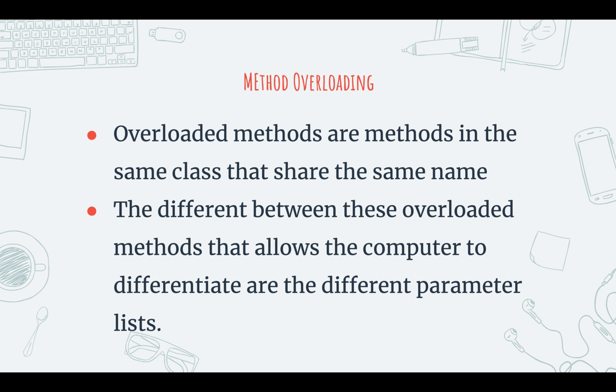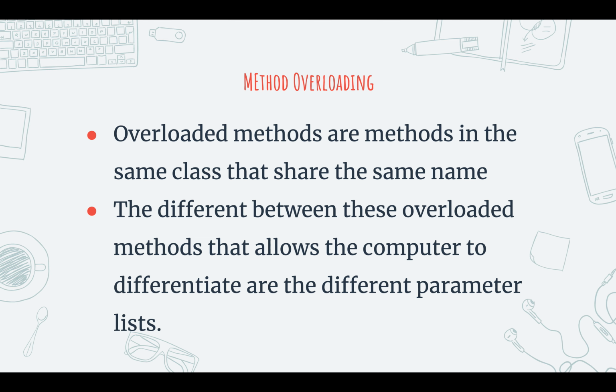So if I had to sum up method overloading in 4 words, it would be same name, different parameters. Same name, different parameters. So how does the compiler differentiate what method to choose? Well, when you're invoking the method, it's going to look at what arguments match what method we want to look at.